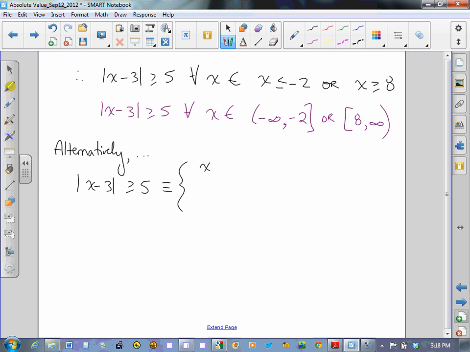From this inequality, we can derive the following statement: x minus 3 is greater than or equal to 5, or the negative of x minus 3 is greater than or equal to 5.